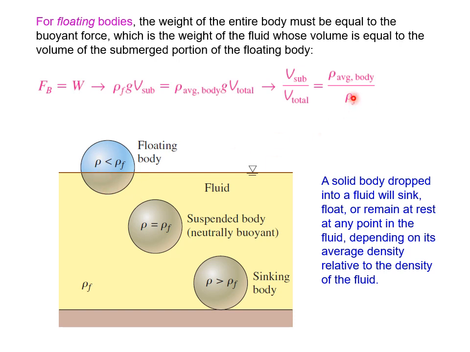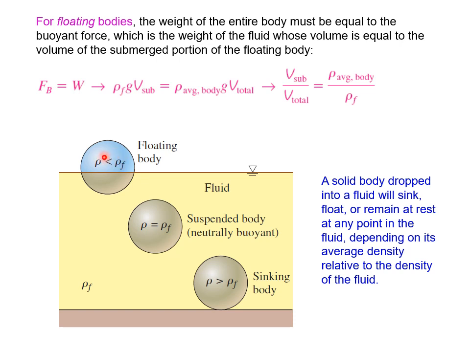So if the fluid's water, you just use the density of water. Now you have to be careful of this because notice the top it says the density of the average body. So if you have a solid piece of steel, then the density is going to be uniform.